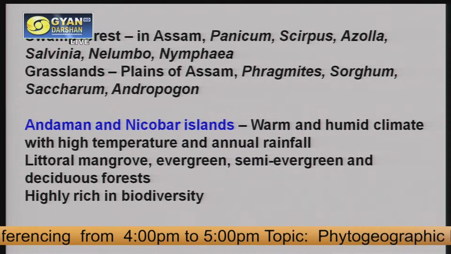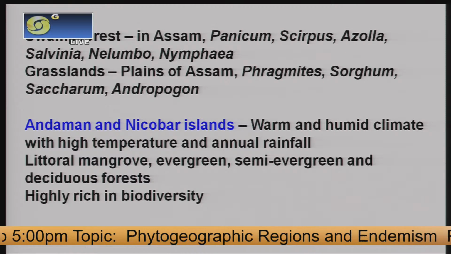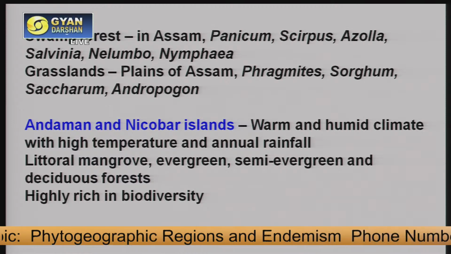Along the plains of Assam you again find certain grass species, Phragmites, Sorghum, Saccharum and so on.